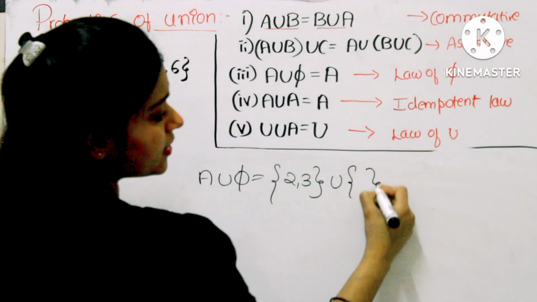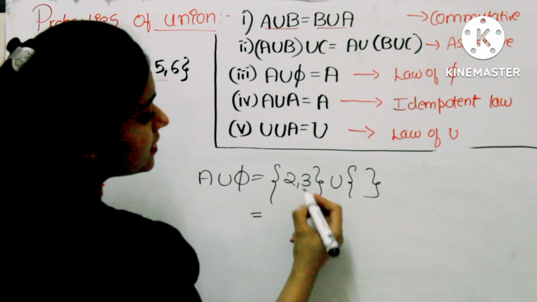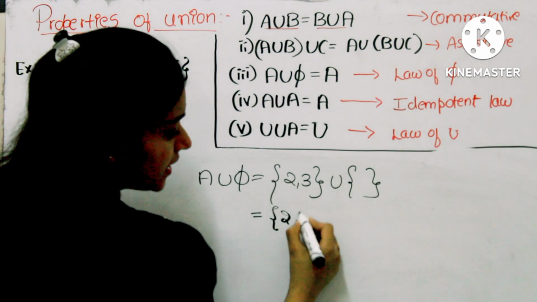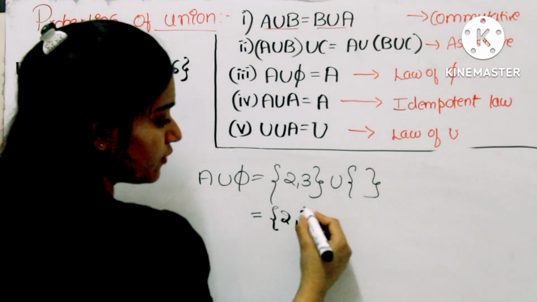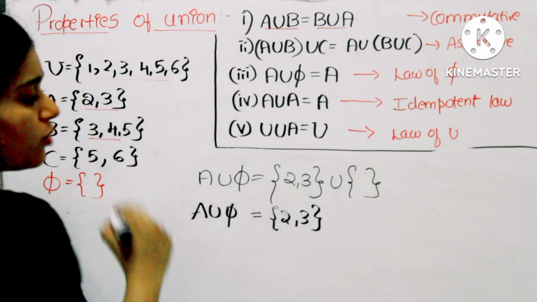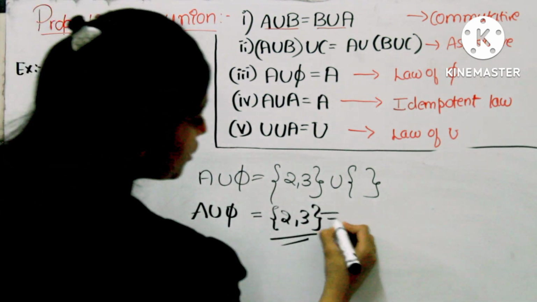Union empty set means there is no element, so you have to write only flower bracket. First you should write all the elements in A. And there is no element in empty set, so there is no need of writing anything. So you write as it is. So A union null set you get 2, 3. So this is A itself. So again you got A.